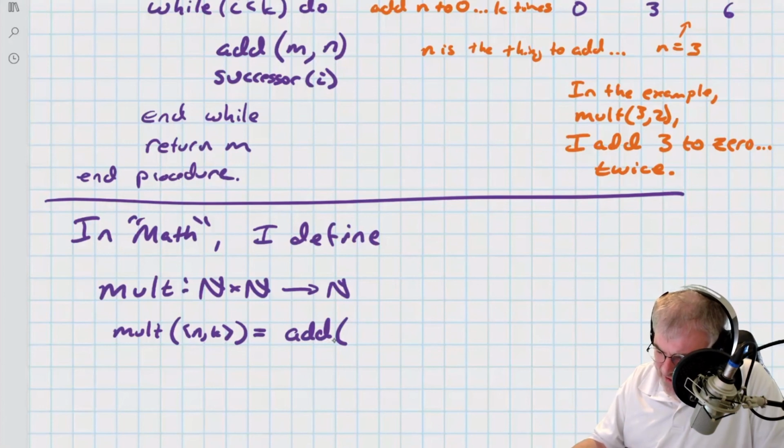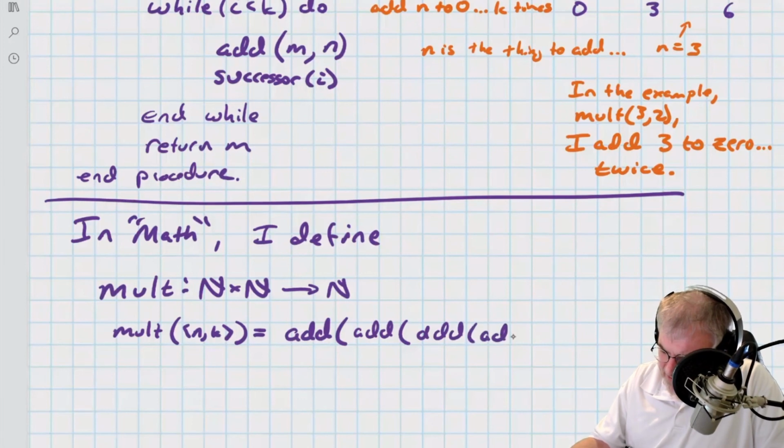I'm going to do add, and this is going to be weird, right? I need add of add of add... add of 0, n, comma, which closes that add, n comma n, comma, dot dot dot, n comma n comma n.